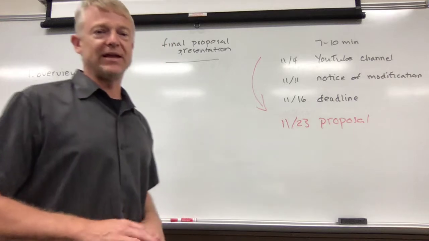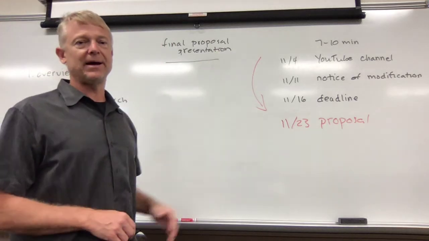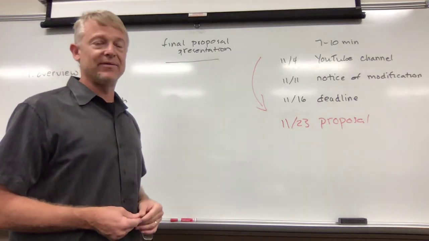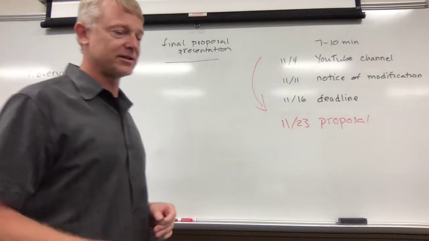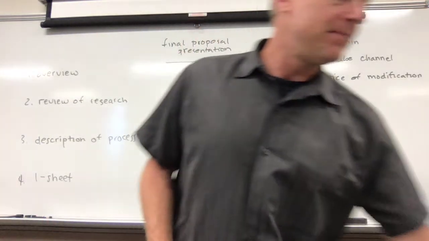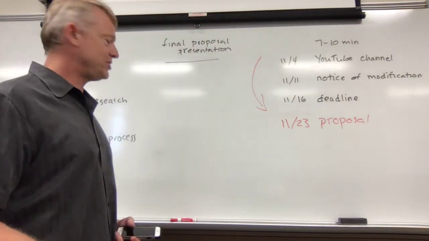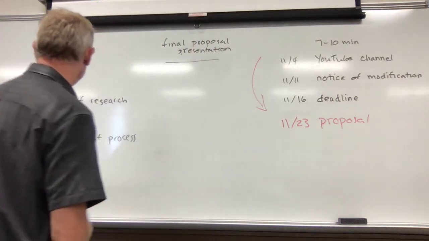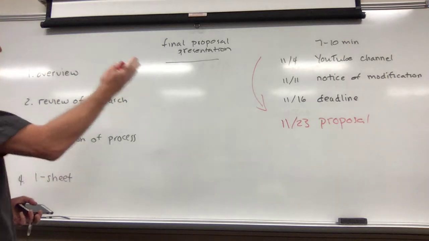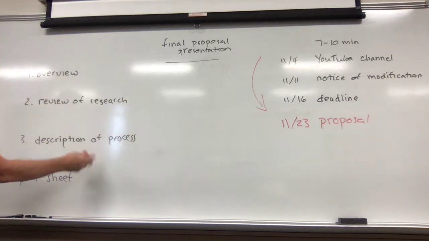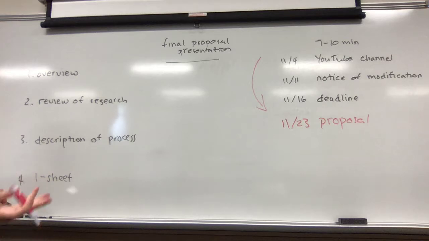So now that you can see the timeline that we're talking about, I want to talk about the actual content of the proposal. And so the content will vary based on whether you are doing a project or a paper. And so for 7 to 10 minutes, you can roughly divide these in terms of just time-wise.